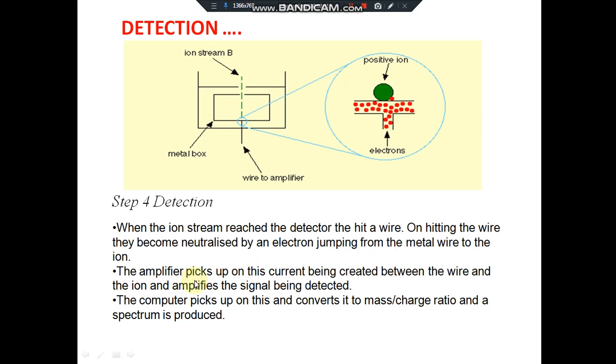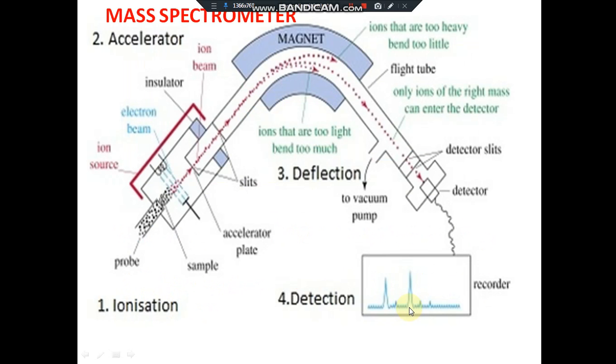The amplifier picks up on this current. So there is a current flow between the wire and ion, which is amplified and then detected. The electrical signal is then recorded as the mass spectrum, which is nothing but the mass to charge ratio versus the abundance.